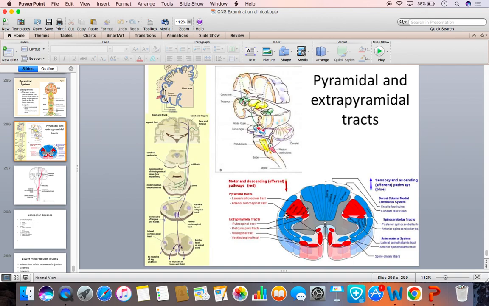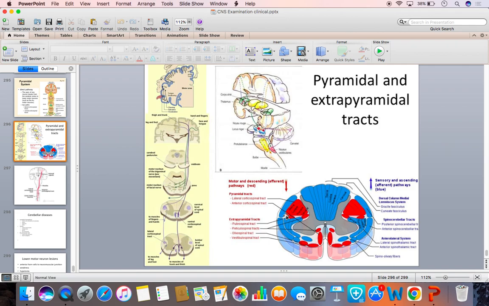Red lines are the efferent pathways, blue lines are the afferent pathways. The blue area reflects the afferent sensory pathways and red lines reflect the efferent motor pathways, which include pyramidal, lateral and anterior, and extrapyramidal, including the rubrospinal, reticulospinal, olivospinal, vestibulospinal, etc. These are the ascending sensory pathways and the descending motor pathways.